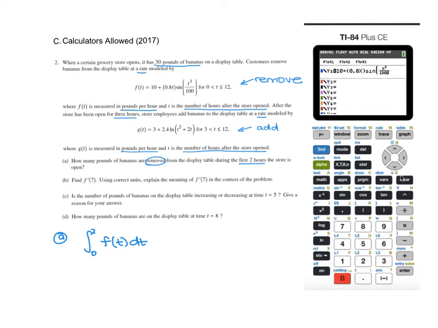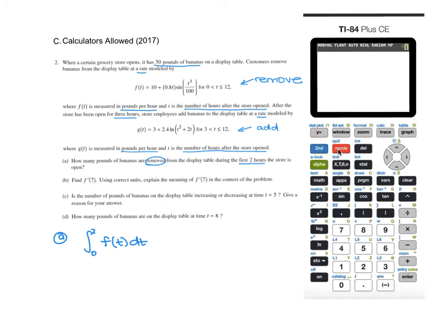And since we know we're still going to need the second equation g of t anyway, might as well just put it in now. 3 plus 2.4 natural log of x squared plus 2x.